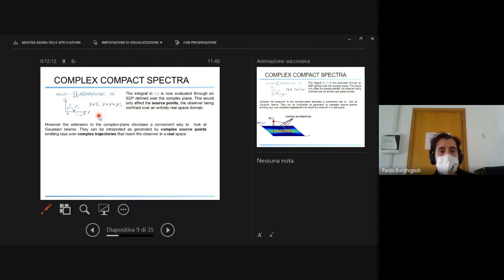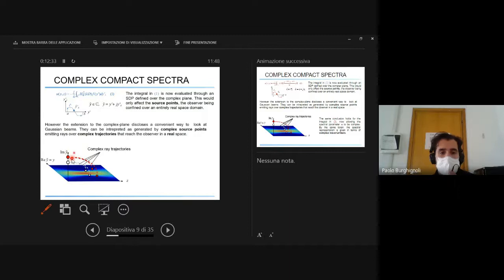And this opens to a very nice interpretation of the phenomenon of generation of a Gaussian beam from a finite aperture, which tells you that you can still have a compact spectral representation of this phenomenon if you use a complex source.